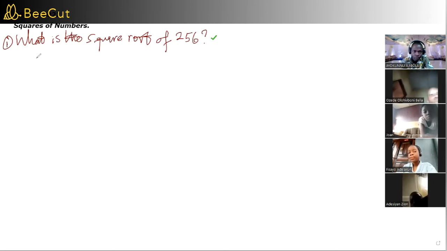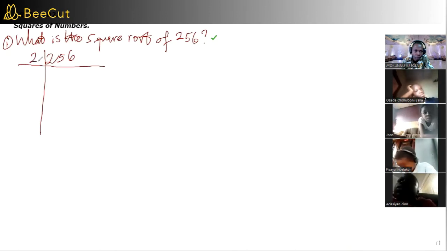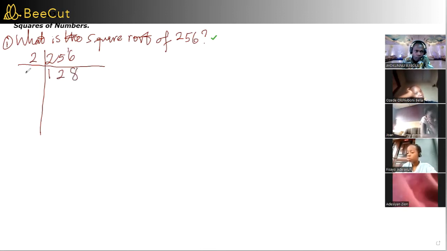So what you do is to write your 256, and you start dividing straight ahead with prime numbers that can be divided. The first prime number here is 2, and 2 in 2 is 1. Then 2 in 5 is 2, remainder 1. While 2 in 16 is 8. Then you have 2 in 12 to be 6.